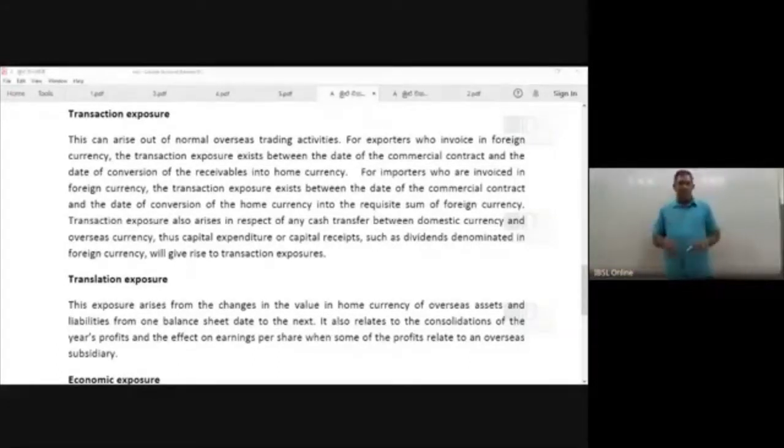All letters of credit activate on performance. Performance by whom? By the beneficiary. The only letter of credit that activates on non-performance is the standby letter of credit.